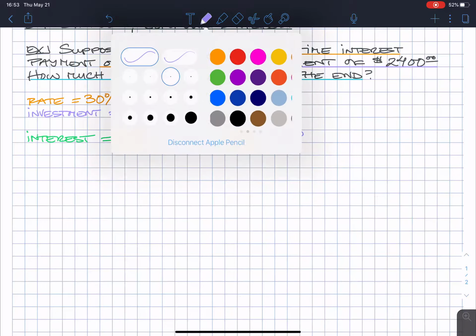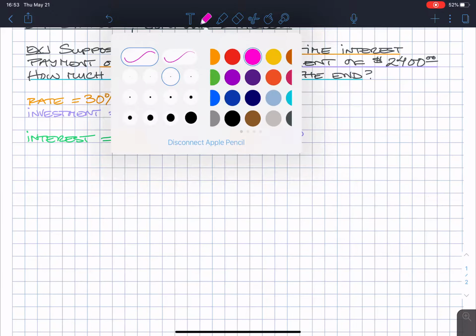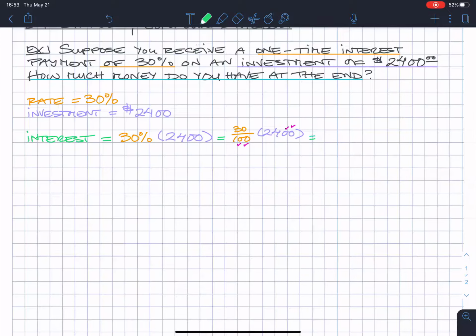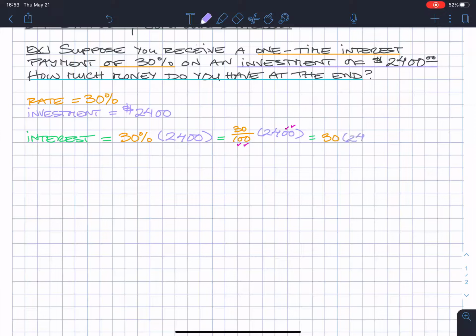So I can reduce two of the zeros with these two zeros. And I'll be left with 30 times 24. Okay, so let's think about this. What would 3 times 24 be? Well, 3 times 20 is 60. And 3 times 4 is 12. So that would be 72. But I'm tacking on an extra zero, so that's 720. So that's just the interest.